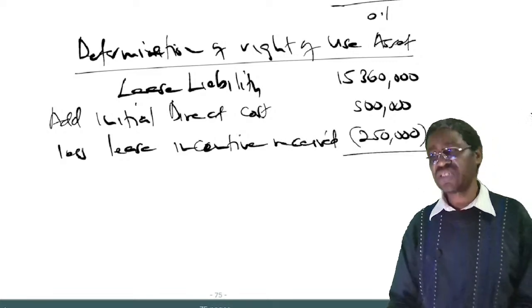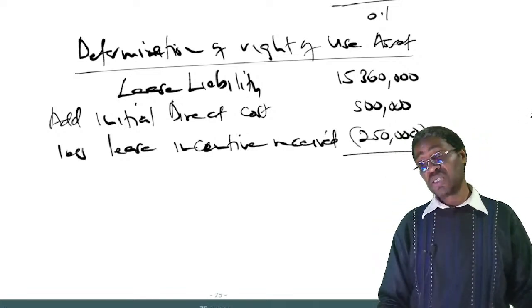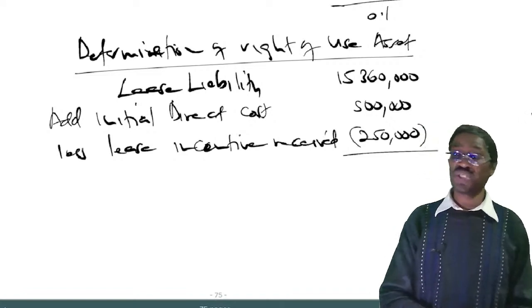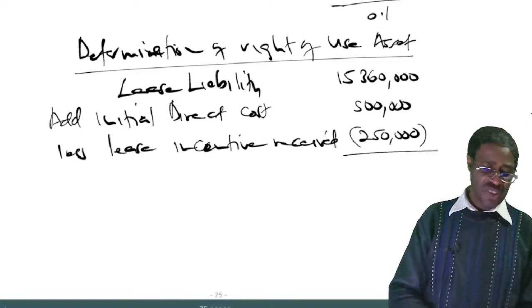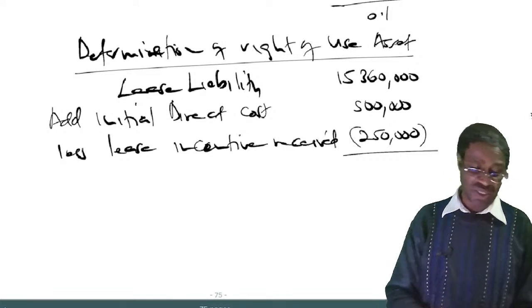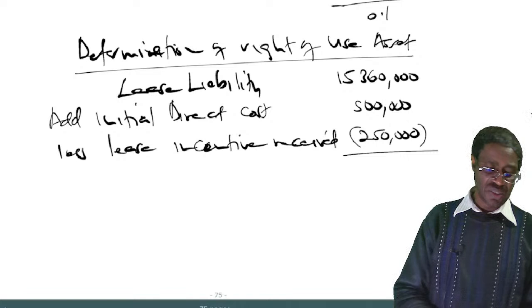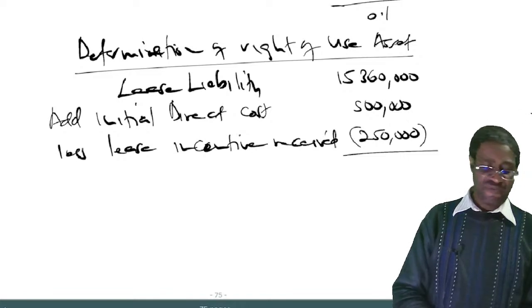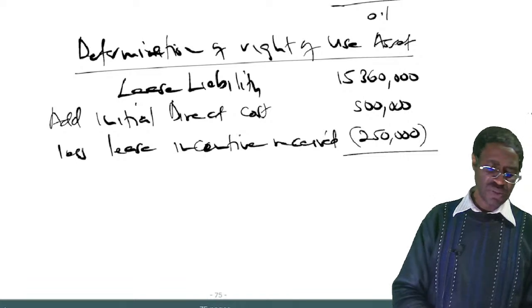So what are we getting? There was no dismantling cost. Otherwise, I would have added the dismantling cost. But this question did not have any dismantling cost. So let's now compute the lease asset, the right of use asset. I take that 15,360 plus 500,000, minus 250,000.